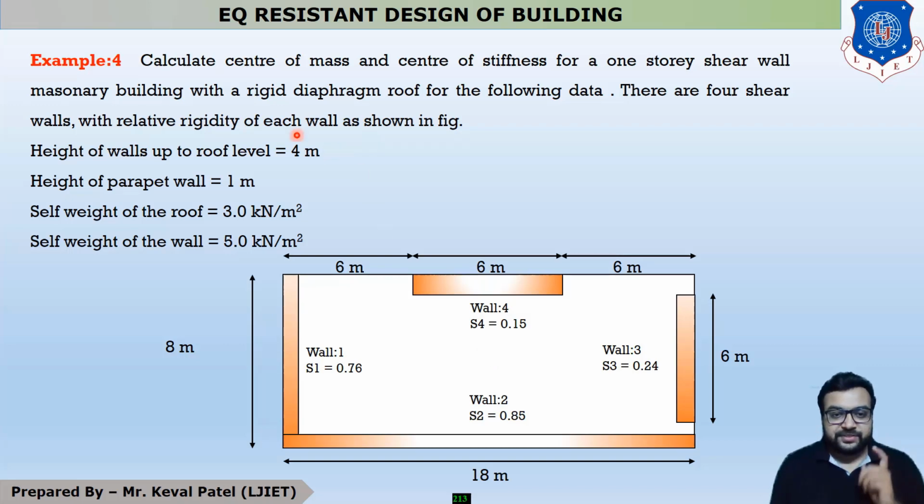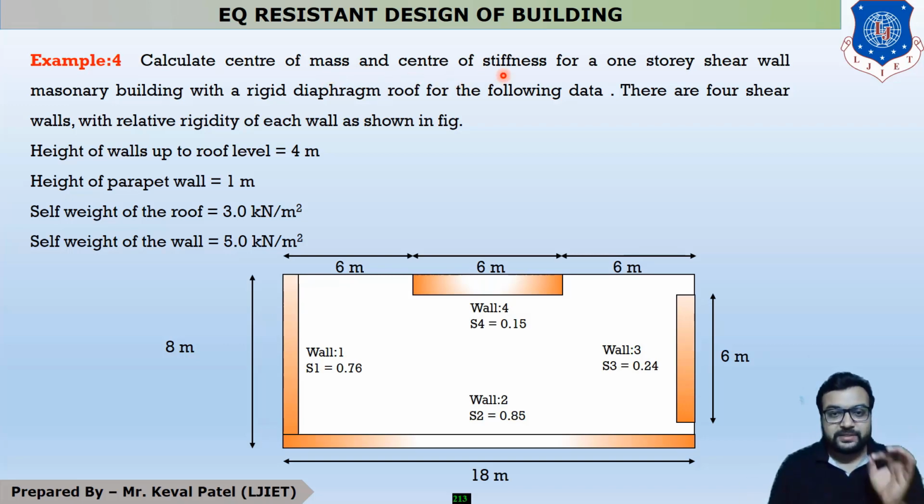Whenever we have to find center of mass, meaning center of weight, we have to consider the self weight of the slab. The second component is the self weight of wall number 1, wall number 2, wall number 3 and wall number 4. So to find center of mass, we have to consider a total of 5 components, 1 roof and 4 walls. And next is center of stiffness.